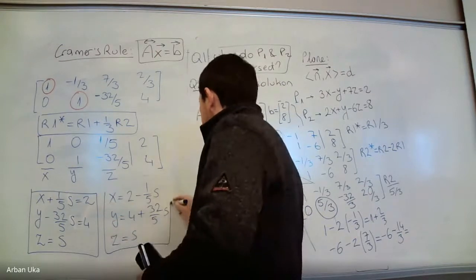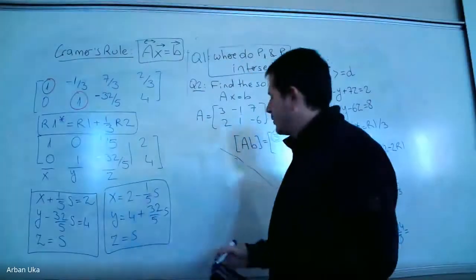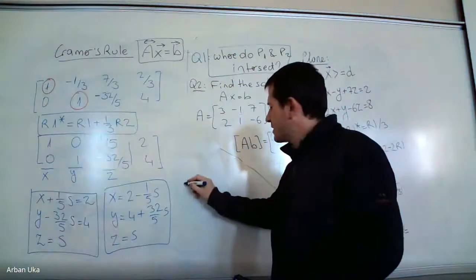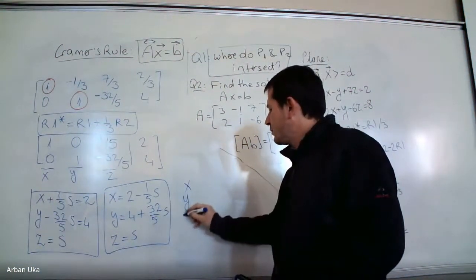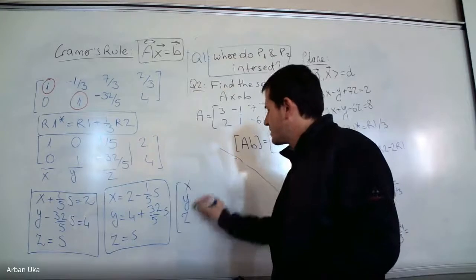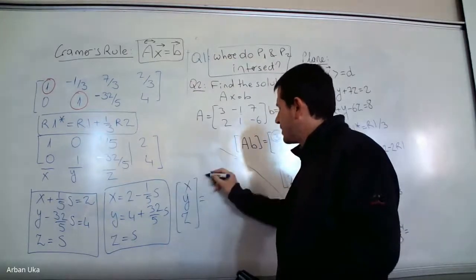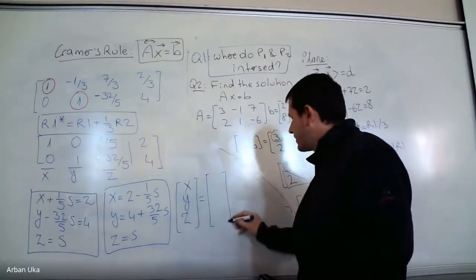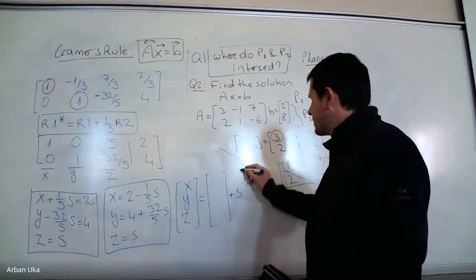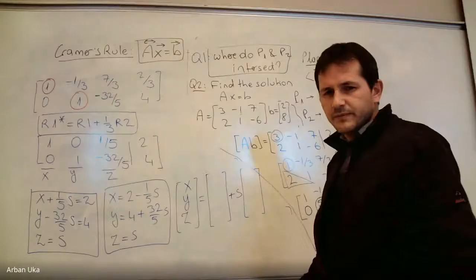So what is the next step? The next step is the following. x, y, and z is equal to what? We have some constant values plus s times some vector. I think we have 2, 4, 0.